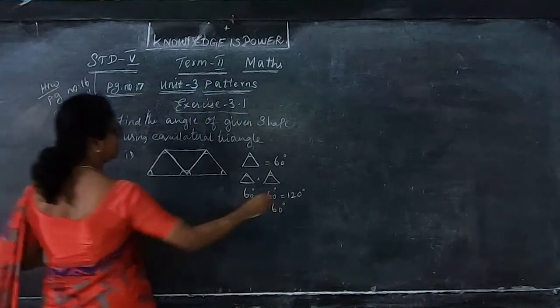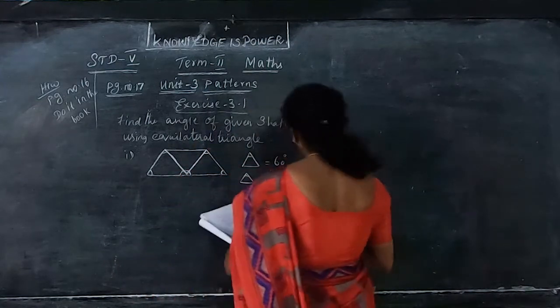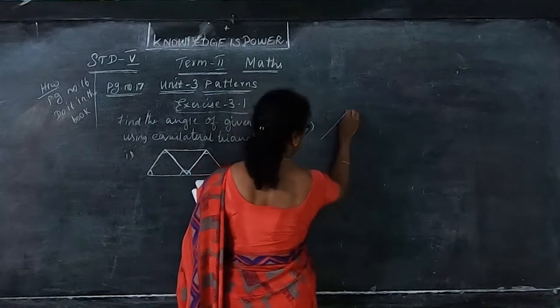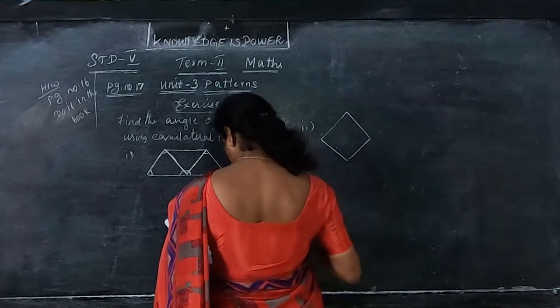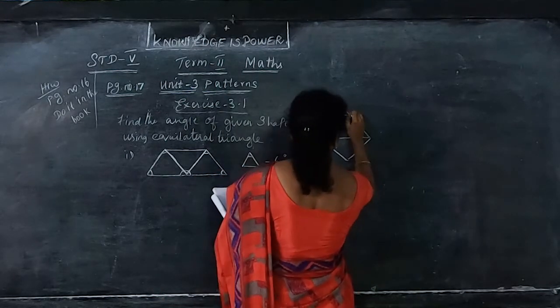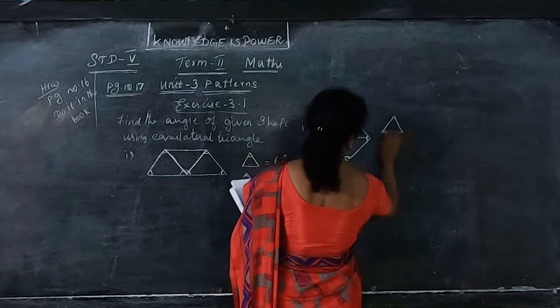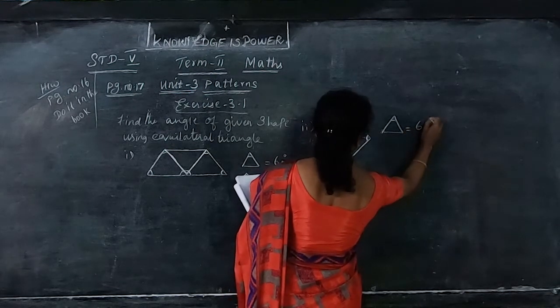And the second sum, they are given the shape like this. Diamond shape they are given, and here one line they are given. So for this also, here this one triangle and this one, and this is 2. So same thing, one triangle that is equal to 60 degree.